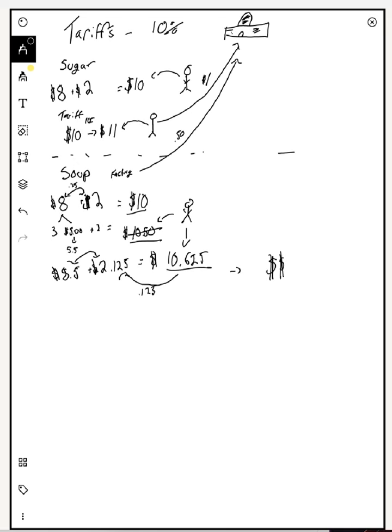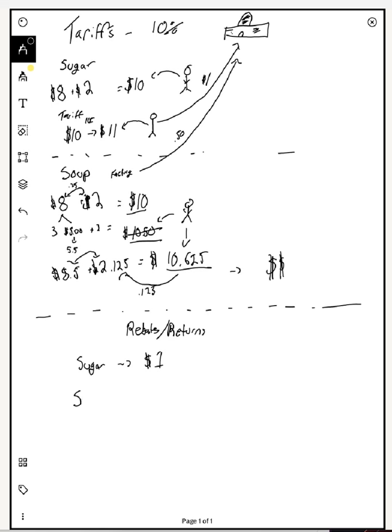Now, what we look at is this idea that they're going to introduce, or maybe thought about, as rebates or returns for the tariffs. So if you bought sugar, the government should give you $1, right?